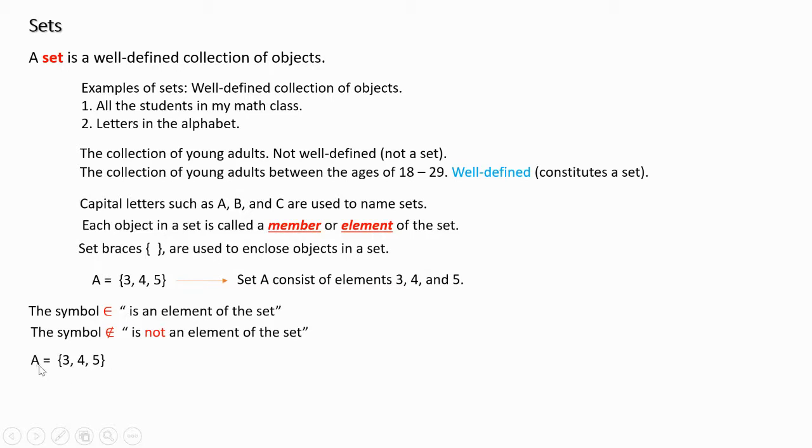For example, the set A is equal to the elements 3, 4, and 5. So 3 is an element of set A, or 3 is an element of {3, 4, 5} because {3, 4, 5} is set A. These are the same thing.